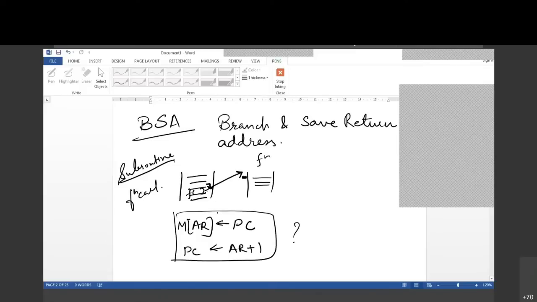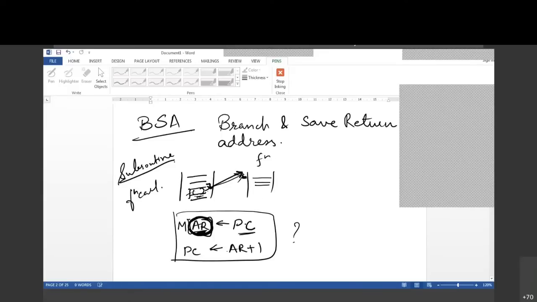Okay, first of all, whatever is an address, in the address register we have the location of the instruction to be executed, so you have to go to that location. Why did you store this PC to AR, MAR, Rajvi? We have to store the return address, because we have to go there after completing the routine.